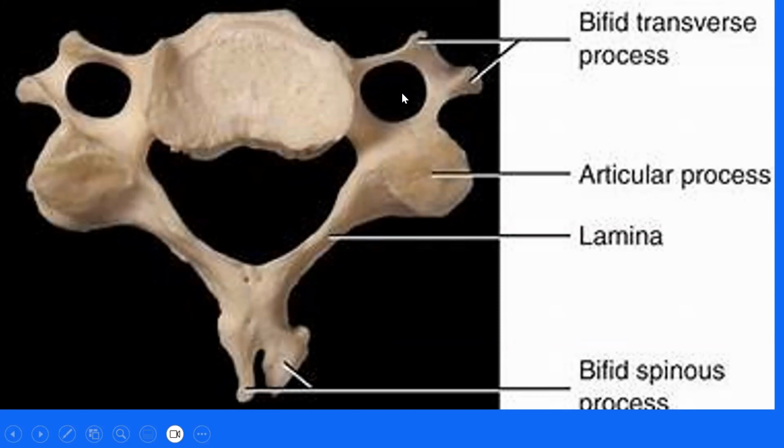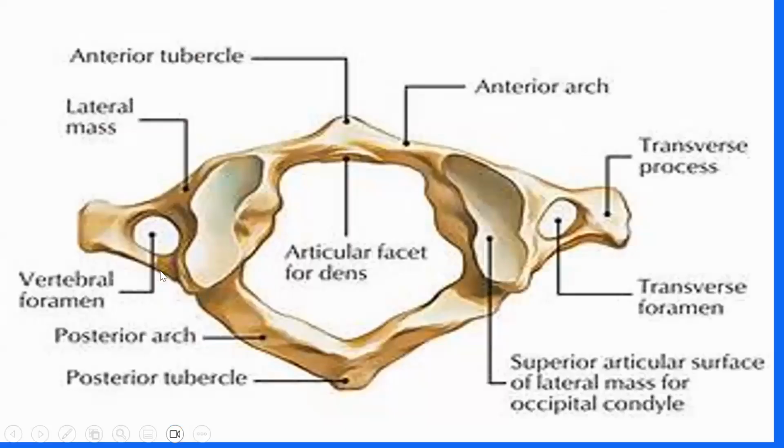In this passes the vertebral artery. You have an anterior and posterior tubercle for muscle attachment, and over here you have the articular processes. This is the bifid spine, and this is the body and the facet joints. This shows it further.